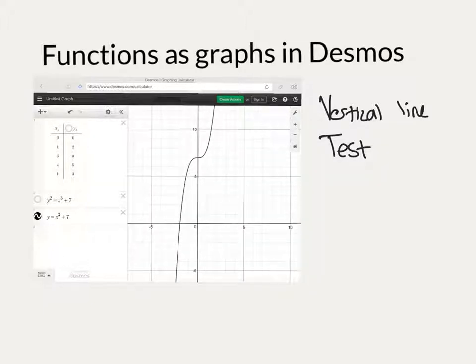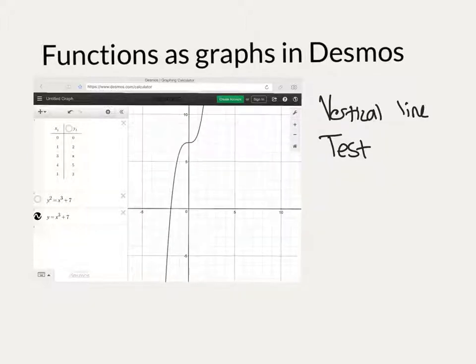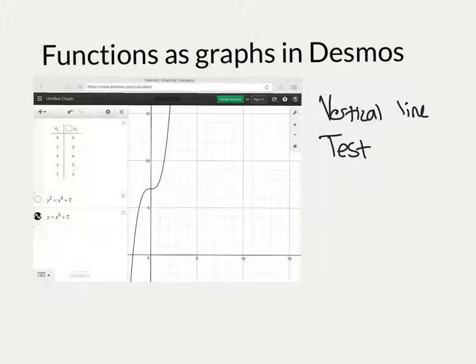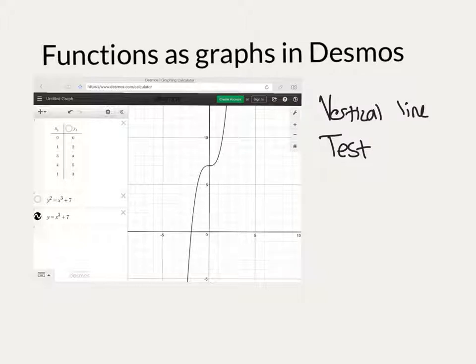If I check around, no matter where I draw a vertical line, I'm not going to ever hit that graph in more than one point. So we would say this passes the vertical line test, and y equals x cubed plus 7 is a function. If you have an input, whatever it is, there's going to be exactly one output that goes along with it.